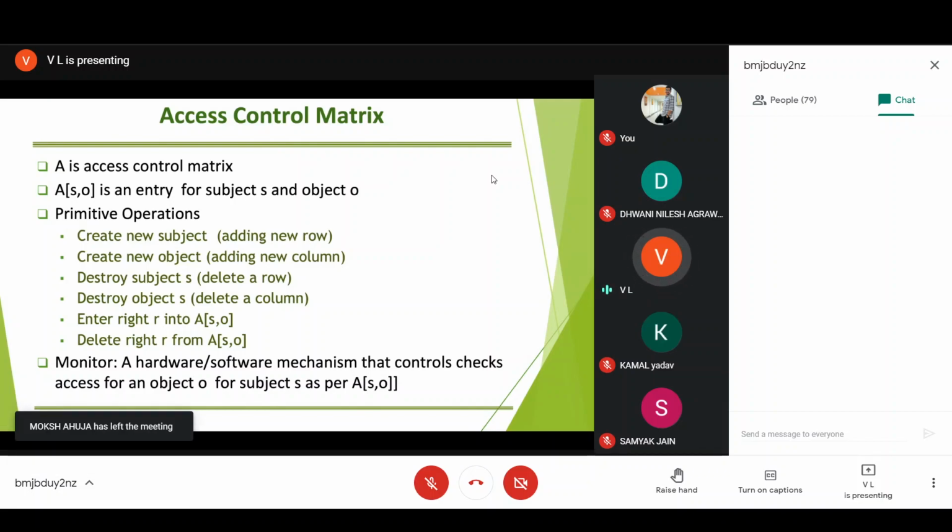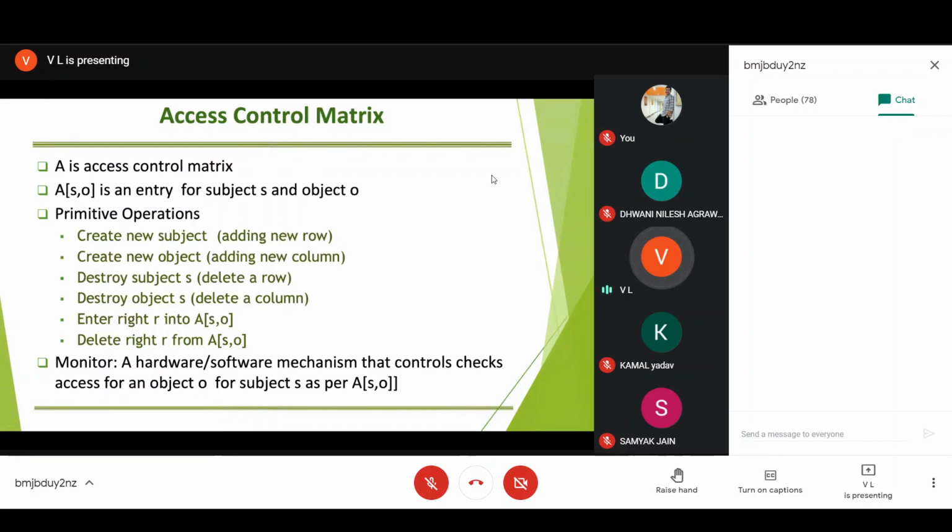So that user is no longer in the system, so the corresponding row for that user may be deleted. Similarly, if while creating the subject we added a row as well as a column, then when the subject leaves, or is destroyed, or is killed, or exits, that corresponding row will be deleted. And if there was a column which was created for that subject, that would also be deleted.